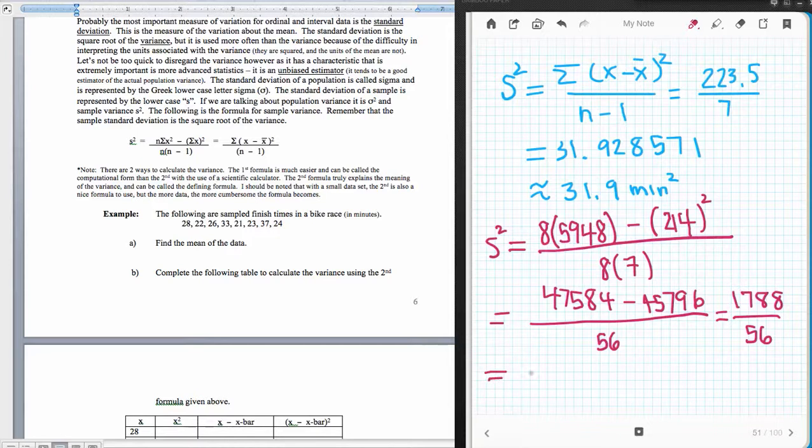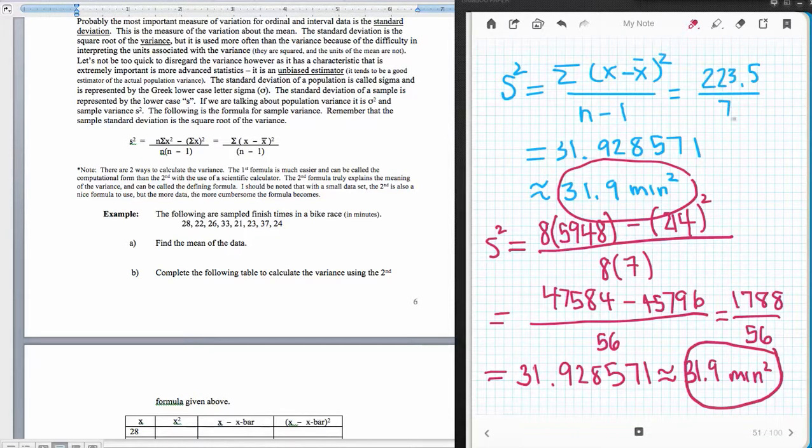So this is exactly 31.928571, and it continues on from that, but that's all I need, which is 31.9 squared minutes. And you see the formula, even though it looks totally different, gives us exactly the same answer as it did before. So the easier formula to actually use is this second one.